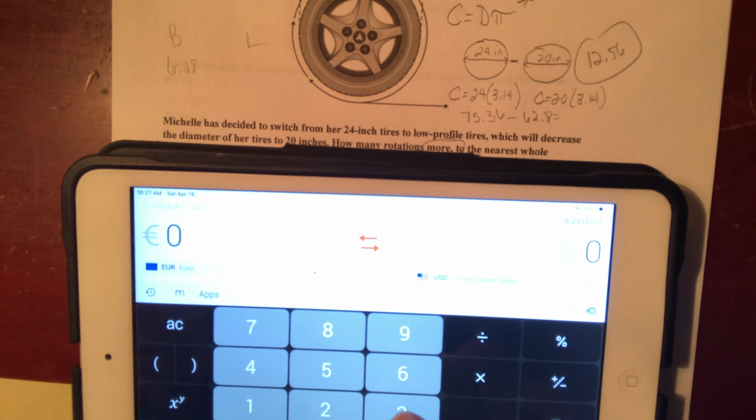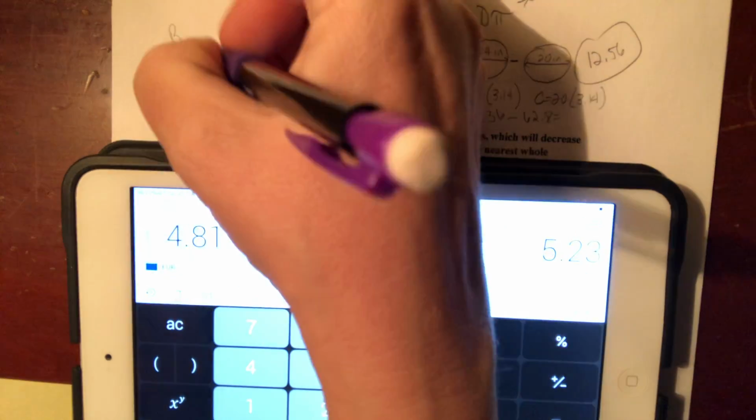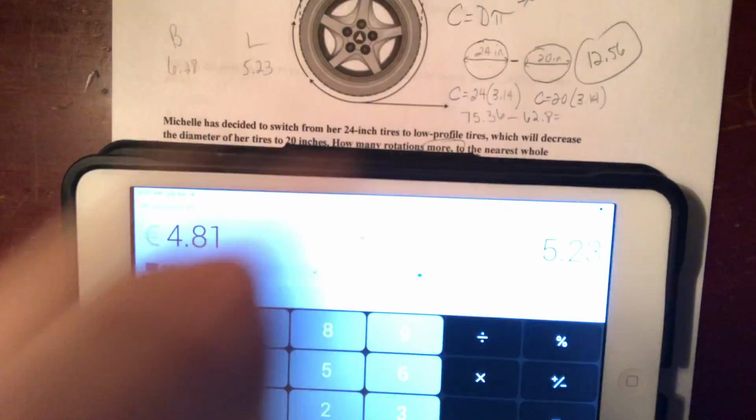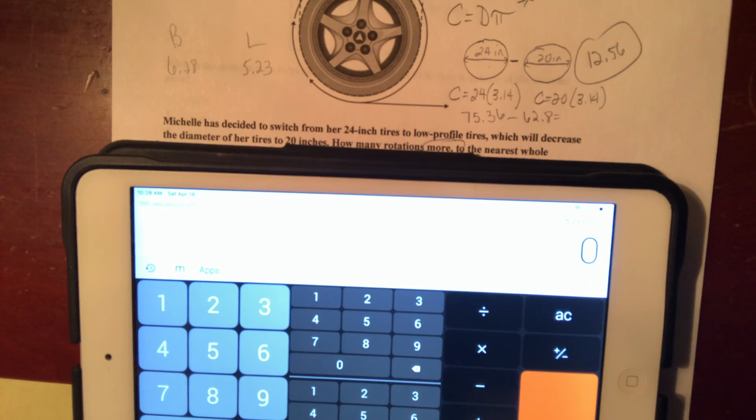All right, well, we'll ignore that part. 62.8 divided by 12 equals 5.23. All right, I don't know why that went away.